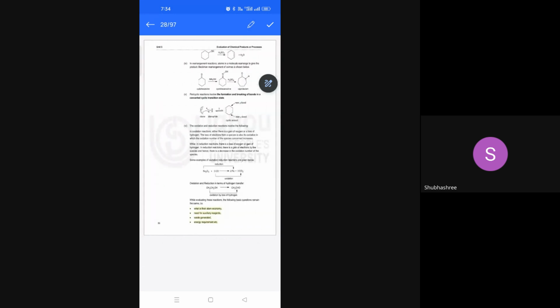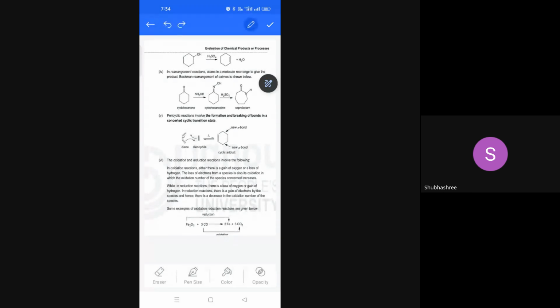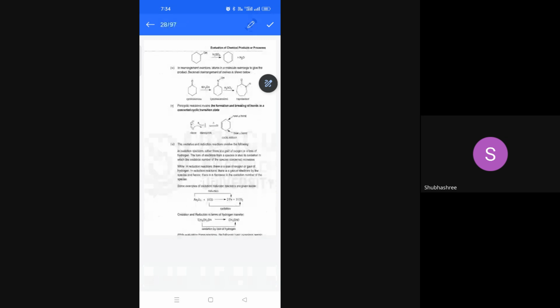And some examples are also given here. Rearrangement reactions, pericyclic Diels-Alder reaction. Here pericyclic reaction is given, Diels-Alder reaction you know, redox reaction is given here, you know better. That means for different types of reactions, you must give their examples.